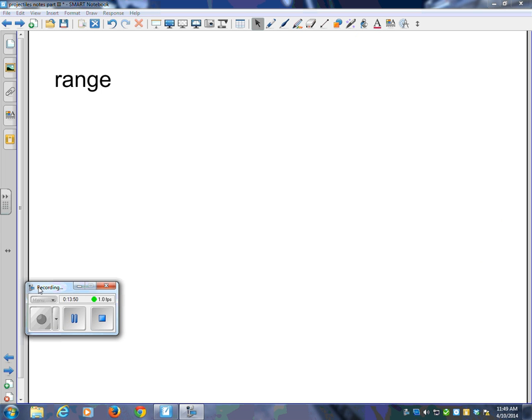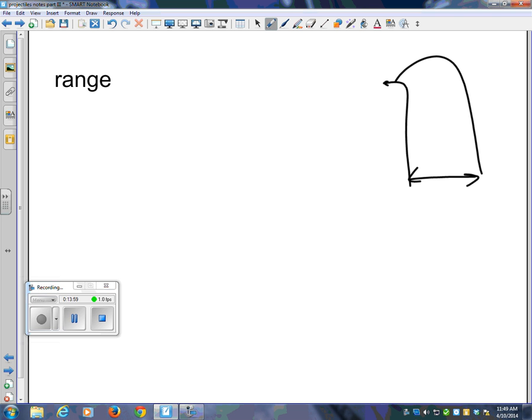Fair enough. What's the range? How far from the base of the cliff does it land, right? So now we're going to use that horizontal velocity that we had way back when, 6 meters per second. The total time is 9.9, so it's simply v equals d over t.